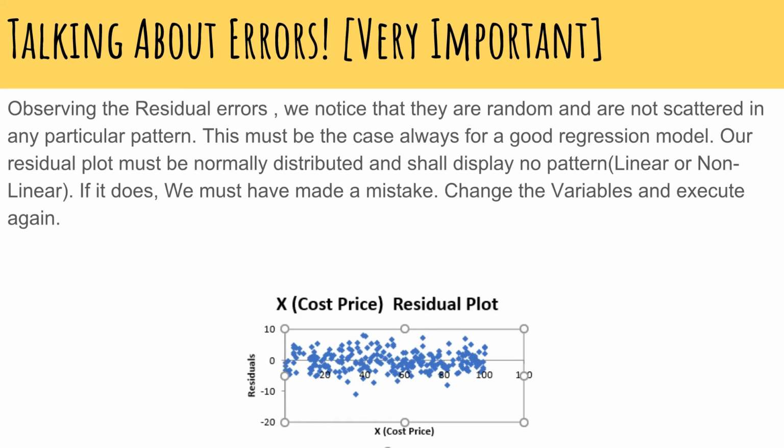The errors must be distributed equally above the x-axis and below the x-axis, and their distribution must be absolutely random in all cases. If we find that our residual plot has some kind of known pattern, we must change our variables and execute our model again and again till we get a residual plot which is absolutely random. This is very important, so keep this in mind.